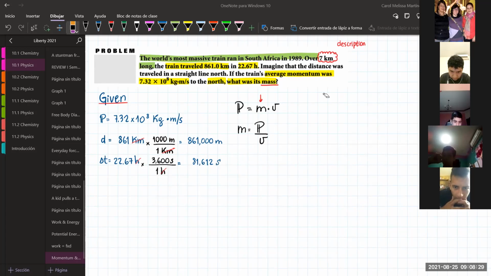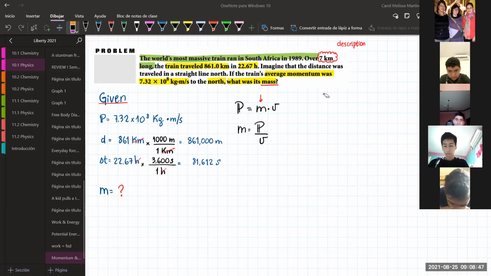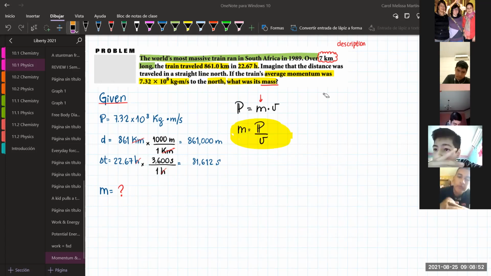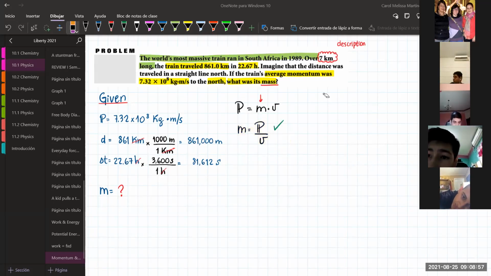So in this case, we already have the distance in meters and the time in seconds, and all I want to do is I need to find the mass. The mass of my train is unknown. So take a look. What do I need to get the mass? I need to know momentum and velocity. I know momentum, I don't know velocity, but I know that I can get velocity by applying this formula for kinematics.